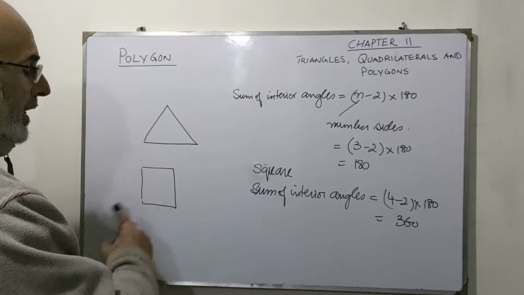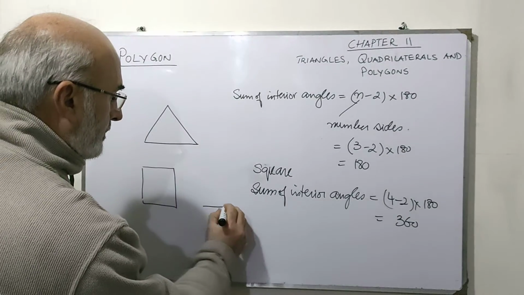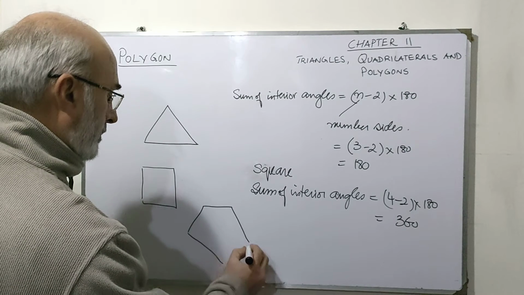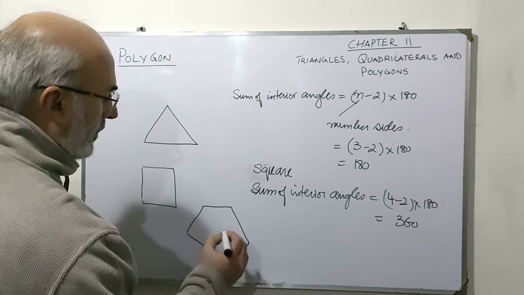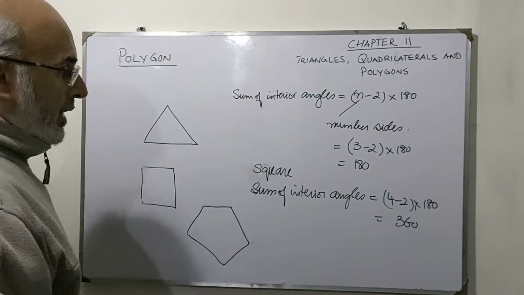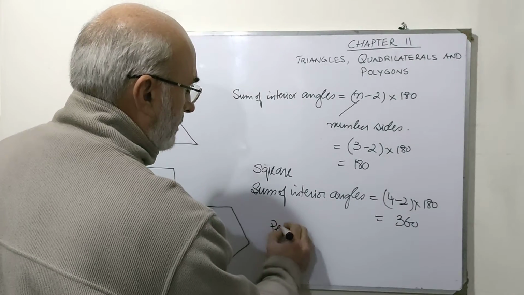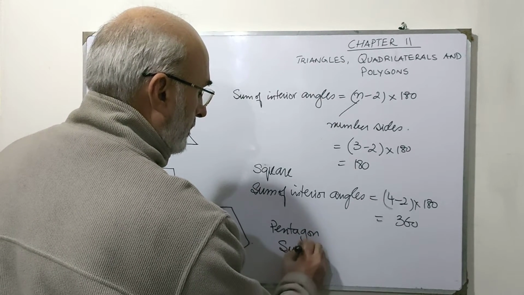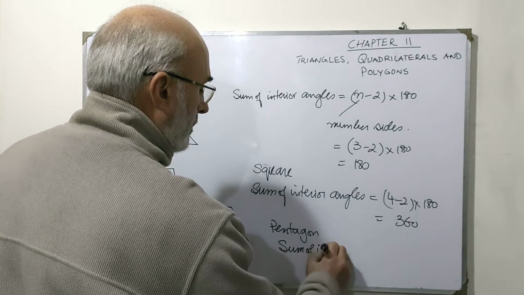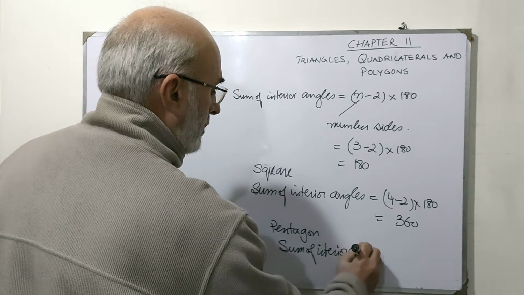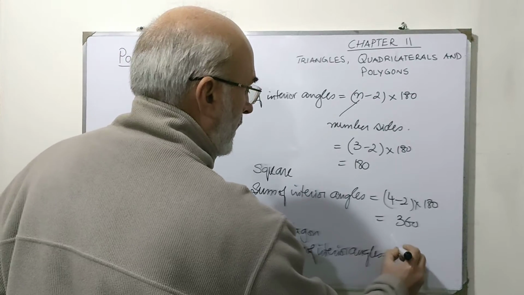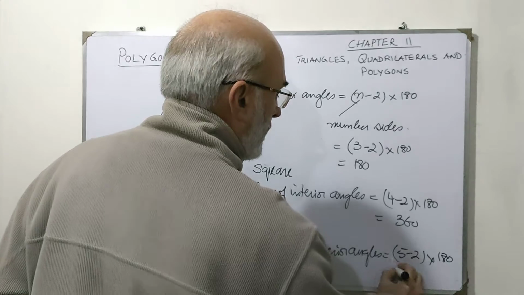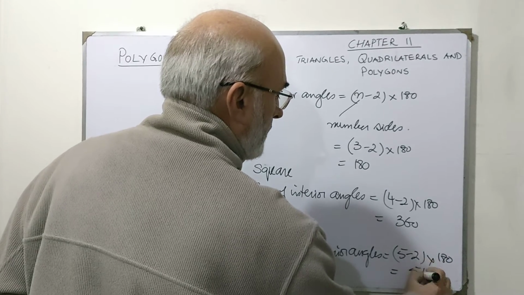And from a square, if I move towards a pentagon, in case of a pentagon, 5 minus 2 into 180, which is 540.